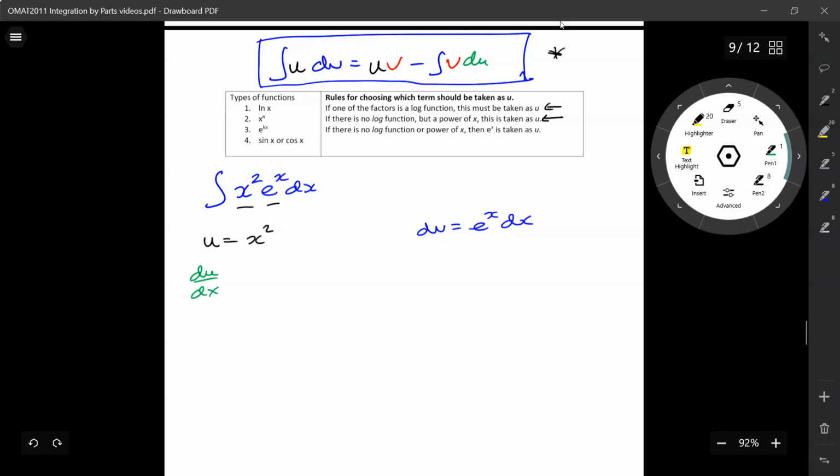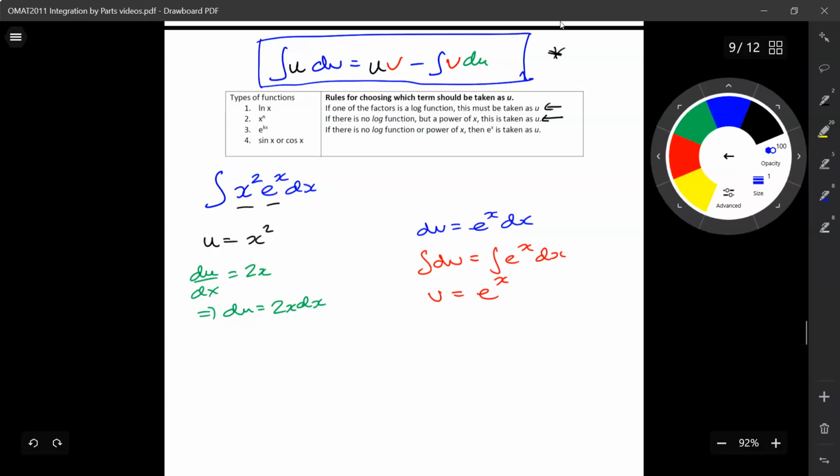So u is equal to x squared, du dx is equal to 2x. And that implies that du is 2x dx. On this side, we need to get v. So we integrate both sides, the integral of exponential x dx. We apply the integral sign to both sides. We get v is equal to exponential x.